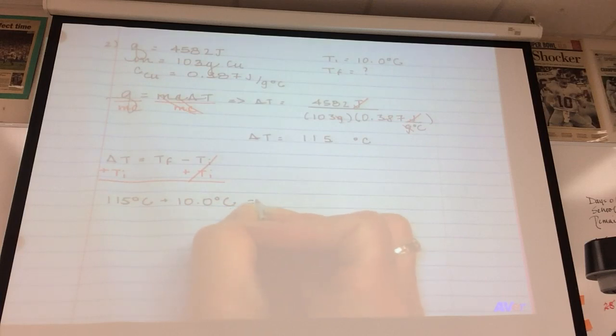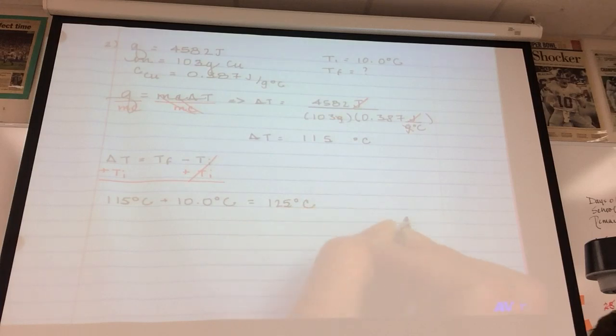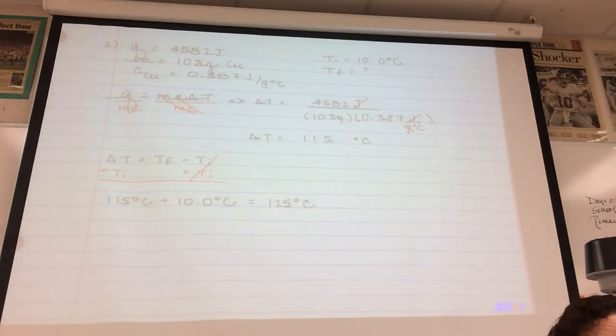When you add or subtract, you go to the least number of decimal places, not based on sig figs. Be careful. And that is 125 degrees Celsius. Now, if you were solving for the initial temperature, it's going to be a little bit different. So watch your algebra there.